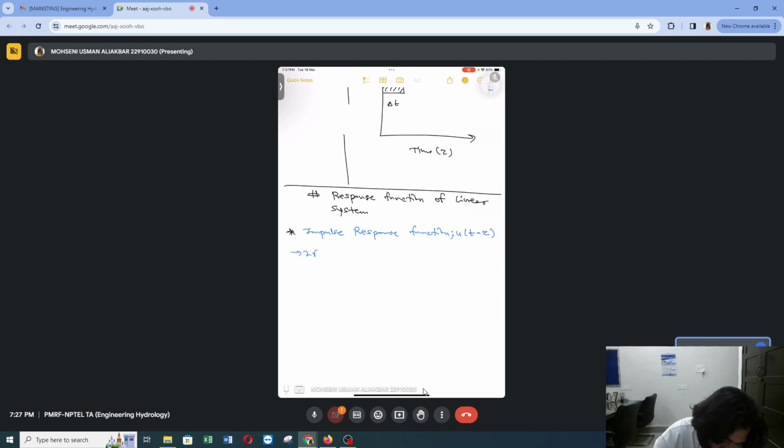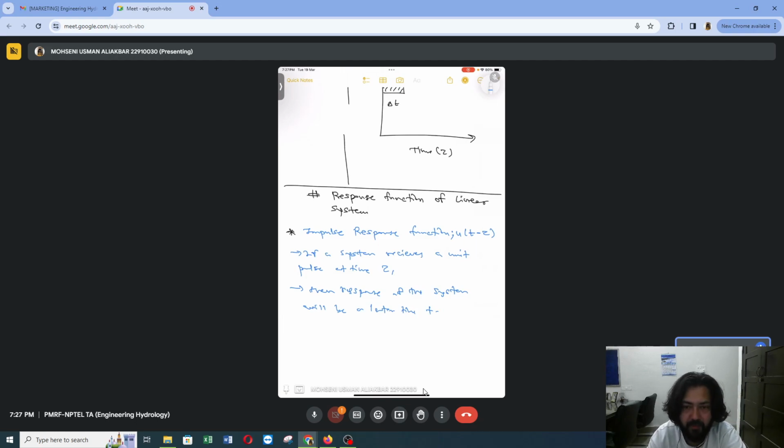So if a system receives a unit pulse at time tau, then the response of the system will be at a later time t.